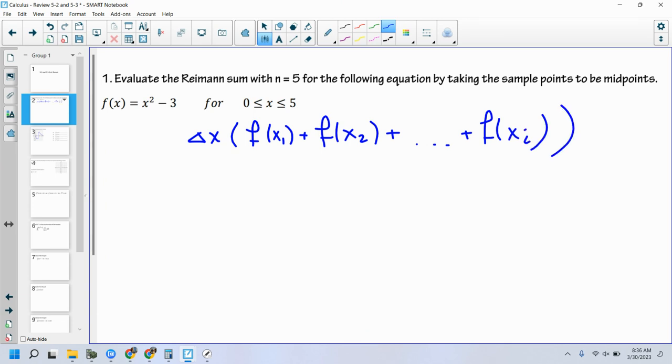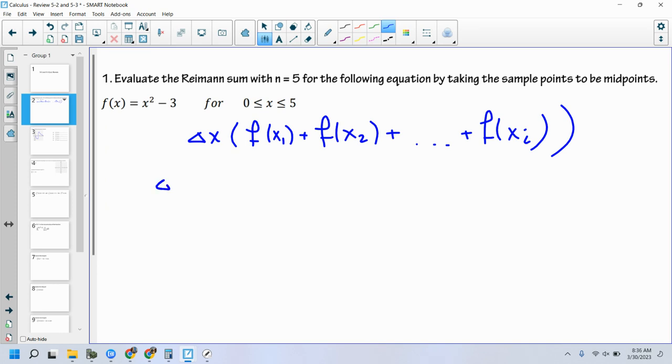That's the Riemann sum. Where i is the amount of things that you take, where n is the amount of rectangles that you take. And xi is going to be calculated by using delta x, and well, you'll see here. I feel like we did a similar problem yesterday in class.